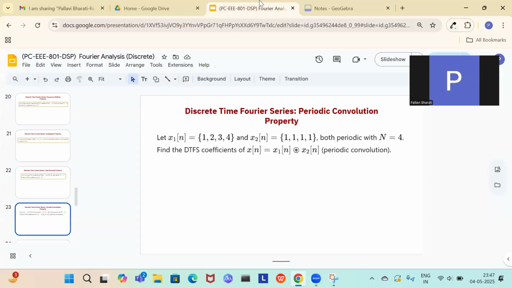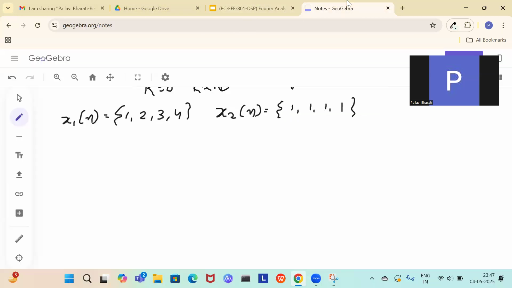What you need to find out is the DTFS of the periodic convolution of x1[n] and x2[n].